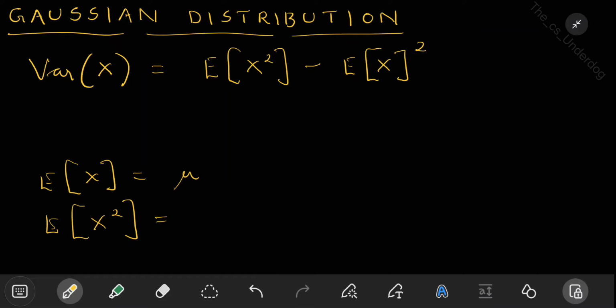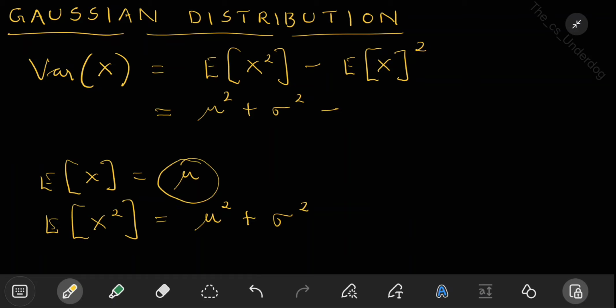So expectation of x square, if you put the formula as integral of x square into f of x dx, if you do that, you will finally reach mu square plus sigma square. So this is your expectation of x square. Substituting this here, you will get mu square plus sigma square minus, what is expectation of x?